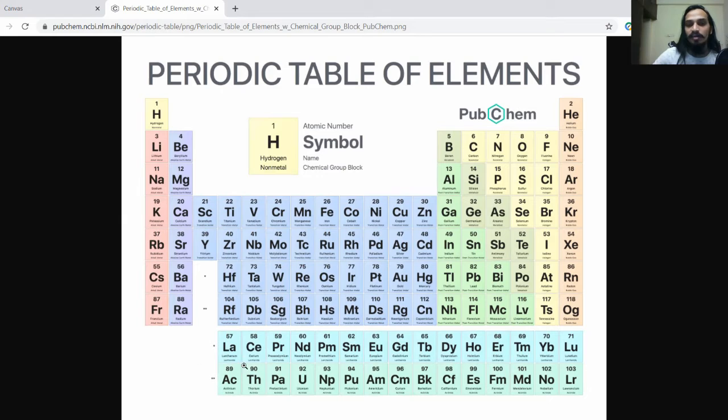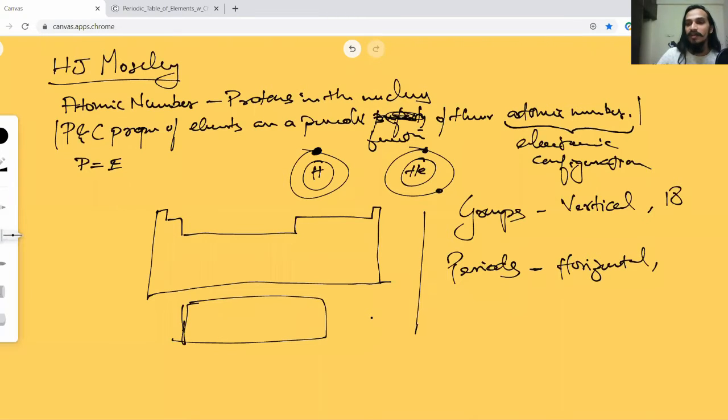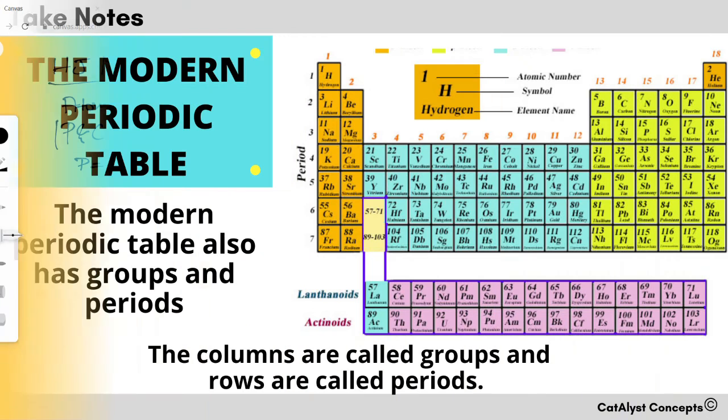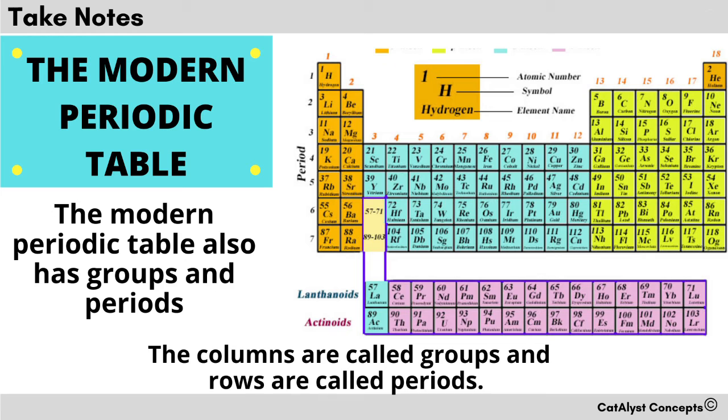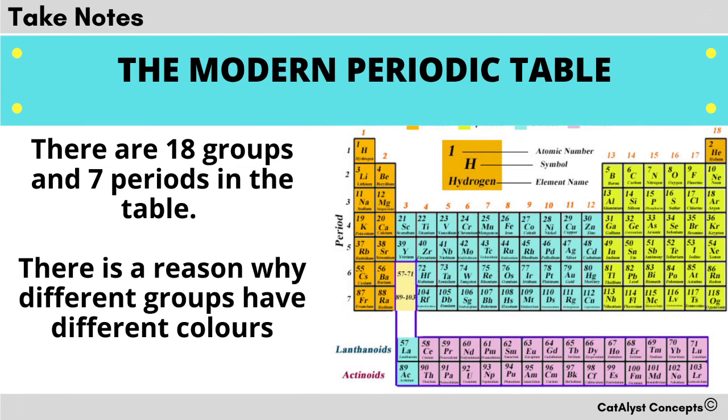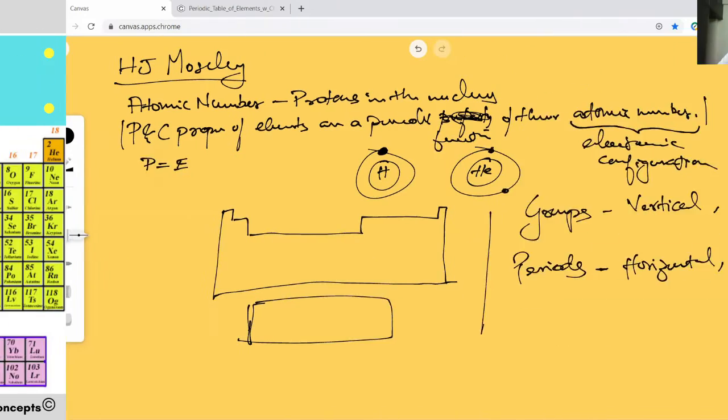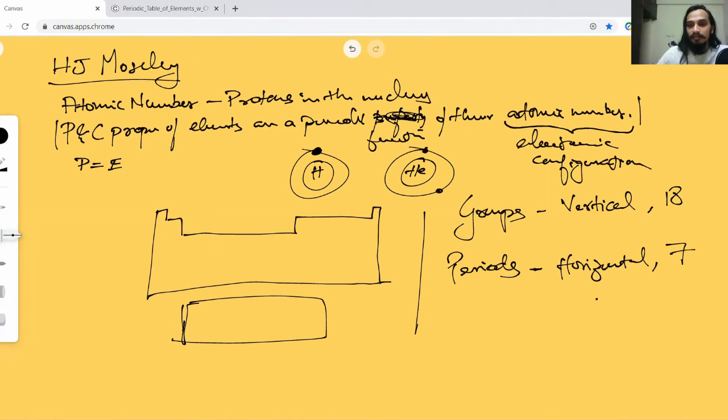These are not part of the table over here. They will be within. So there are 7 horizontal rows. So those will be the periods.